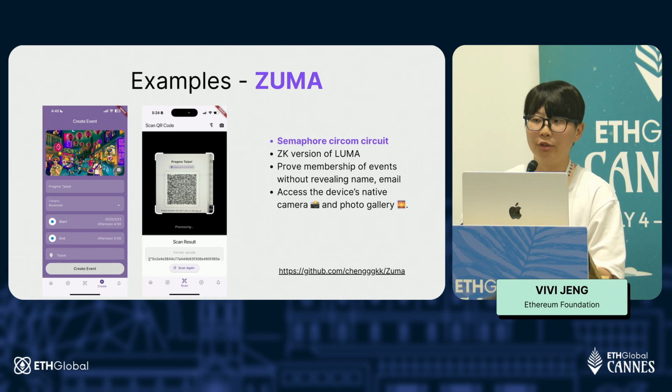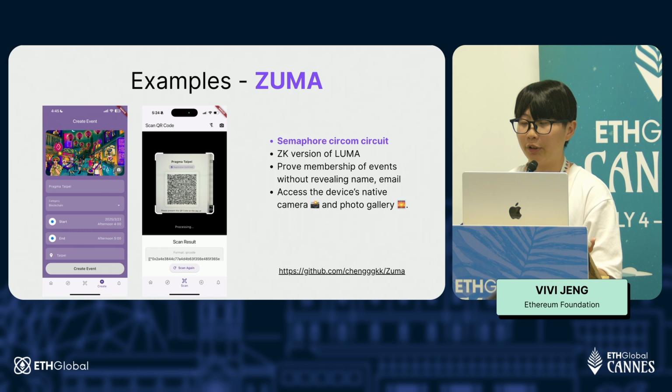So after you register for an event, you will be a member of the Merkle tree. So you just need to prove the membership of the event without revealing your name or email. And it is also a good example that you can use your mobile native app to access the camera or photo gallery.